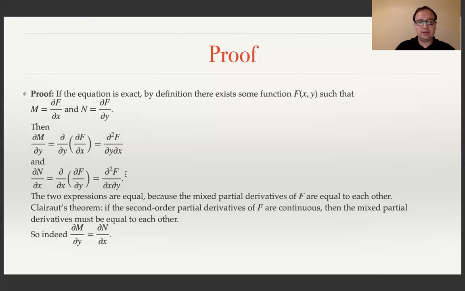And it says that if all the second order partial derivatives of capital F are continuous, then the mixed partial derivatives, partial square f over partial y partial x and partial square f over partial x partial y, must be equal to each other. So indeed, partial M over partial y is equal to partial N over partial x, because each of them is one of these mixed partial derivatives, and they are equal to each other.